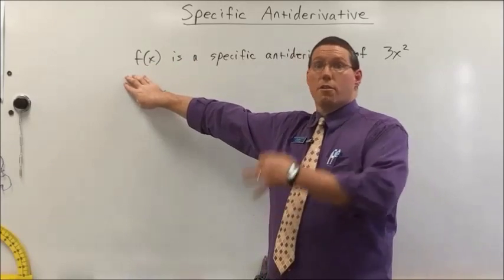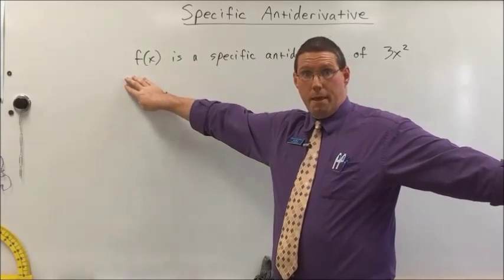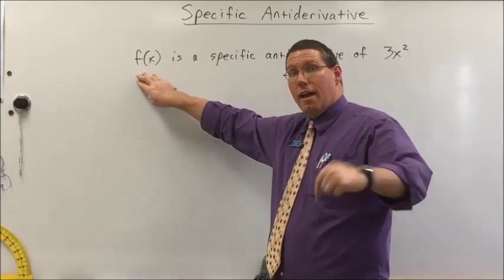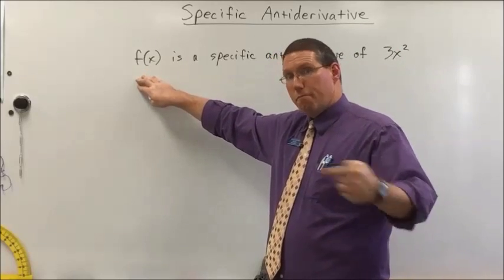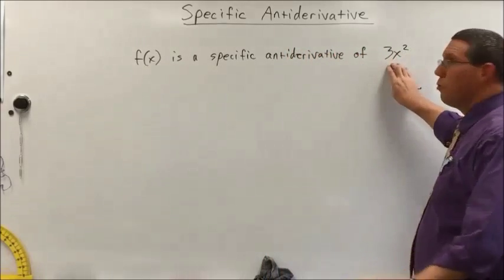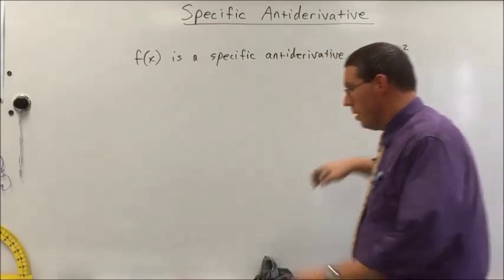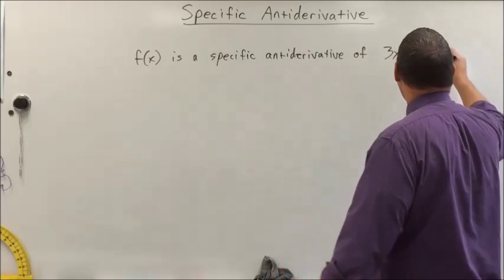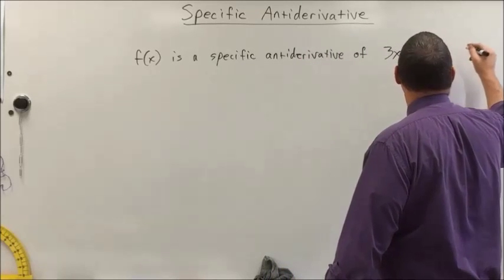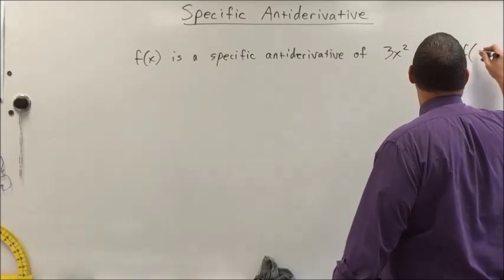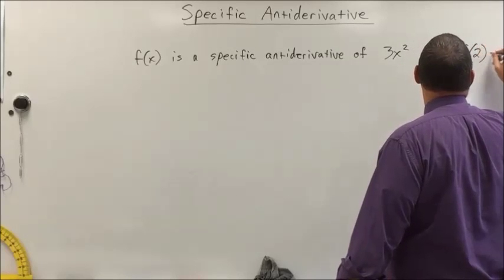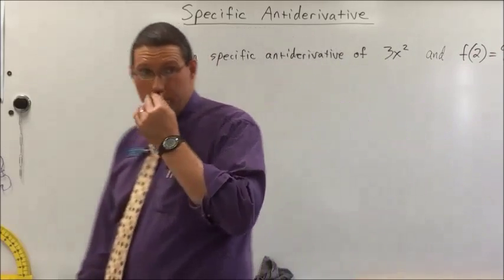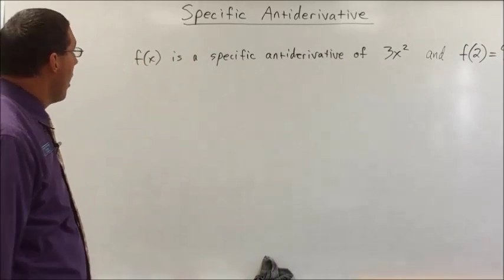So f of x is some function that we don't know yet, and were you to take the derivative of f of x, f prime of x would be equal to 3x squared. So f of x is a specific antiderivative of 3x squared, and f of 2 is equal to 9, let's say. I'm just making this up right here.